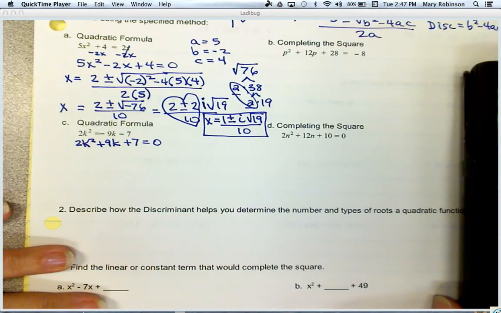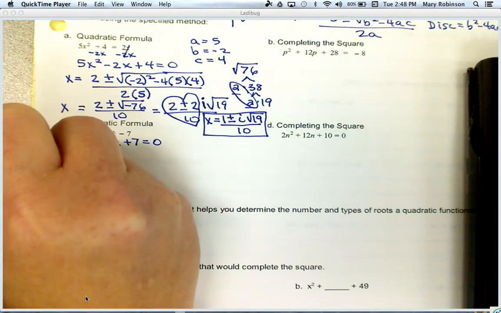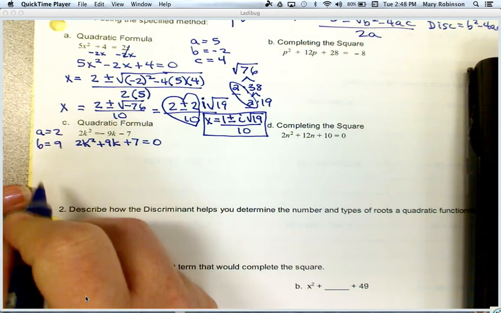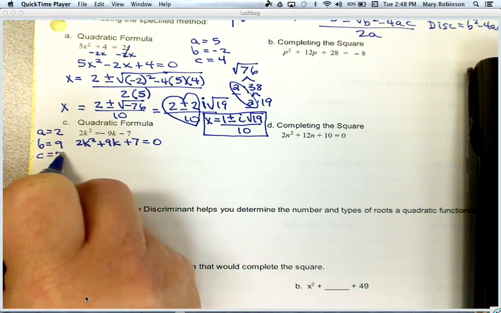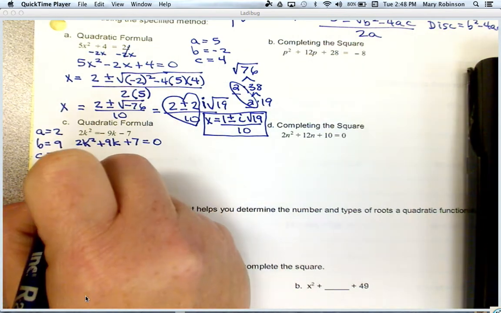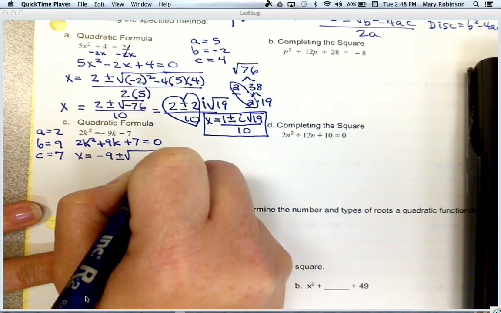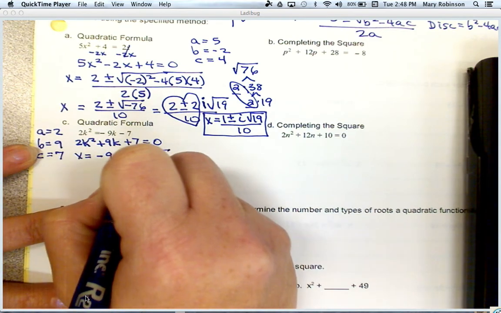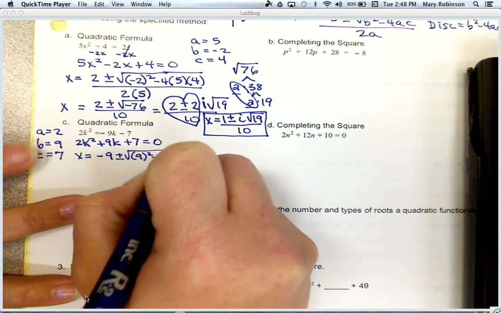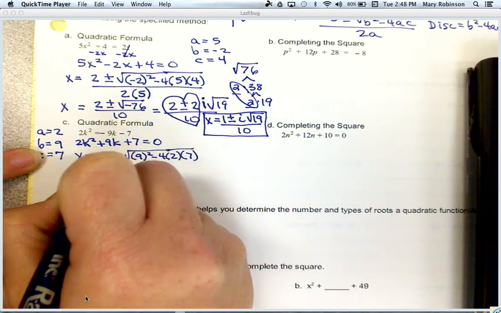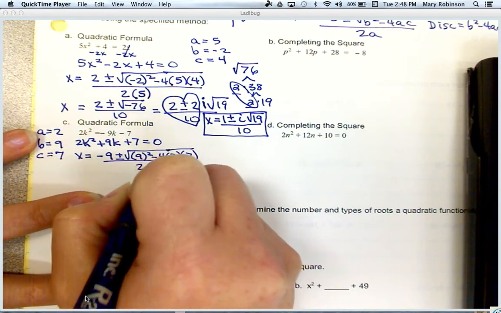So let's go ahead and identify our A as 2, our B as 9, and C as 7. When I substitute into my formula, x equals the opposite of b plus or minus the square root, b squared minus 4 times a times c, all over 2 times a.